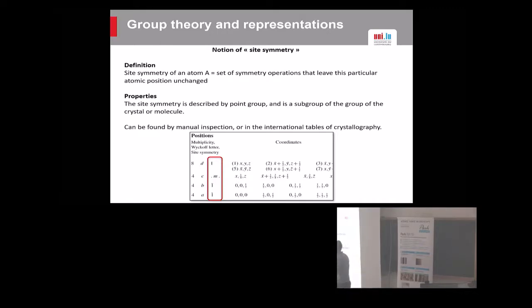It's a subgroup of the group of your molecule or your crystal, and you can find it manually by checking the symmetry operations one by one, but more often it's tabulated in the tables for crystallography, and if you had never paid attention, this is where it would be, next to the Wyckoff position. So Wyckoff position, site symmetry symbol, and then the coordinates, okay?